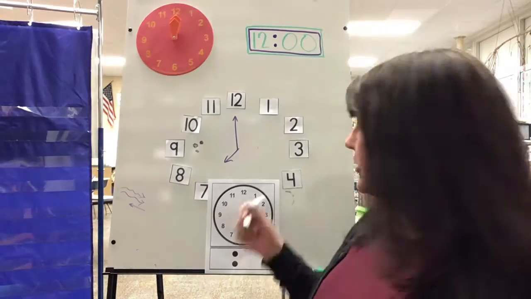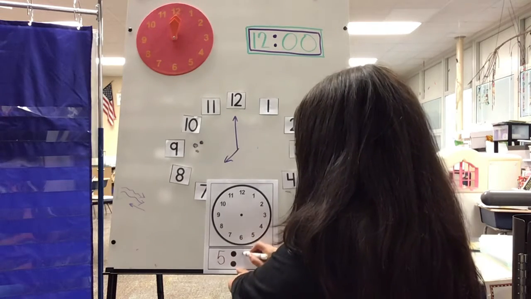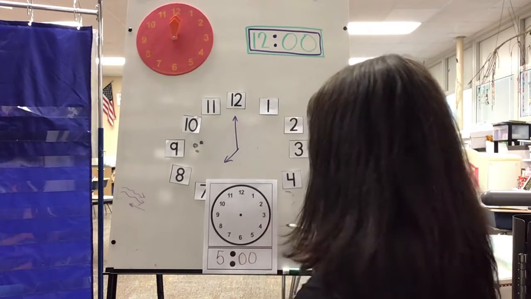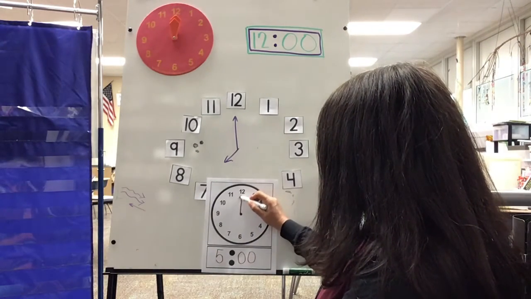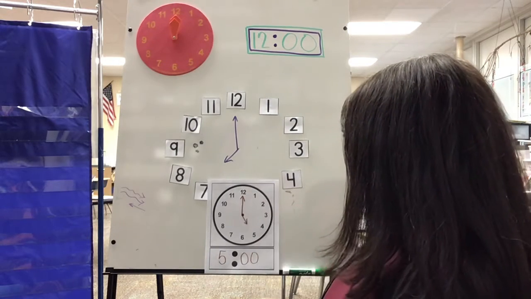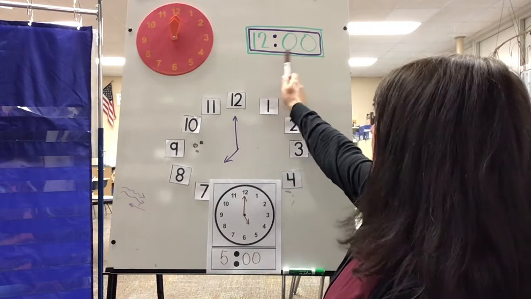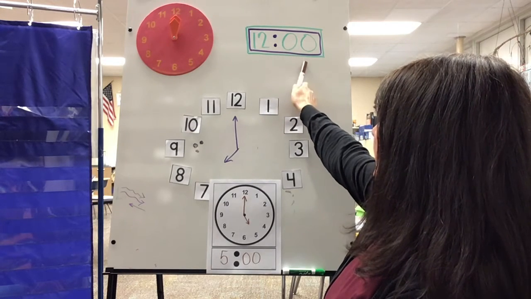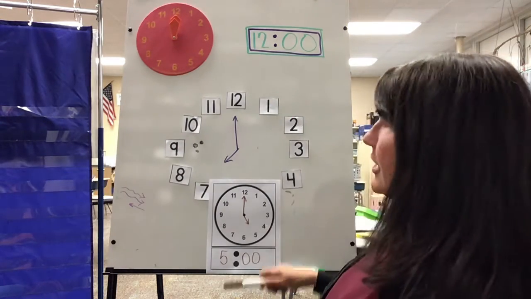The 5 goes here, the 2 dots, and then 0, 0. That's 5 o'clock. Again, my minute hand, the long one, points at the 12, and my shorter hour hand points at the 5. Just like this says 12 o'clock, 2 zeros means o'clock.